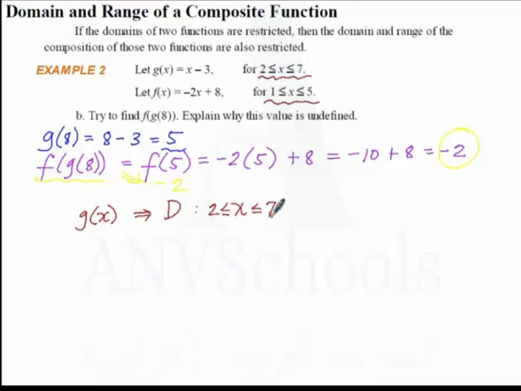And our domain for f of x is in between 1 and 5, including 1 and 5. And for the domain of g of x, it also includes 2 and 7. So look at our f of 5.